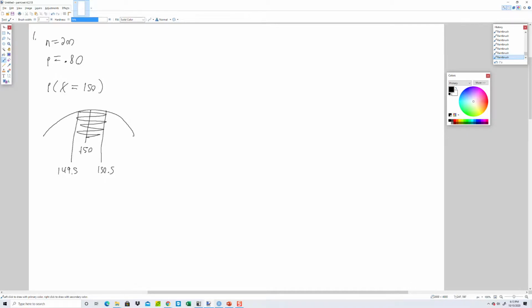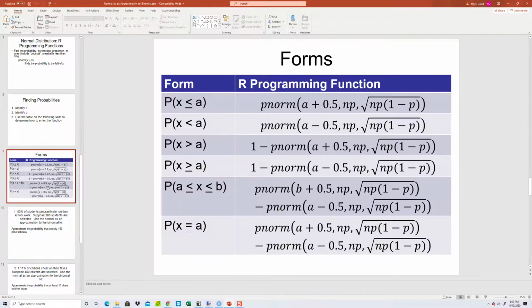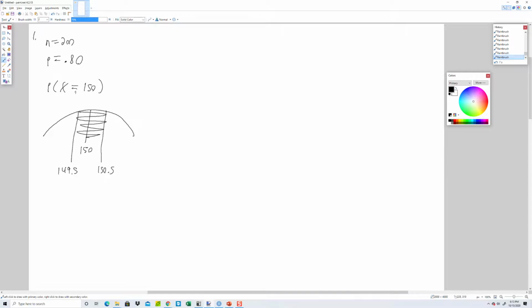Okay, so we got that. When I say you don't need to do that, you see that I got this right here: probability x equal a. It fits this form. So this would be our a.